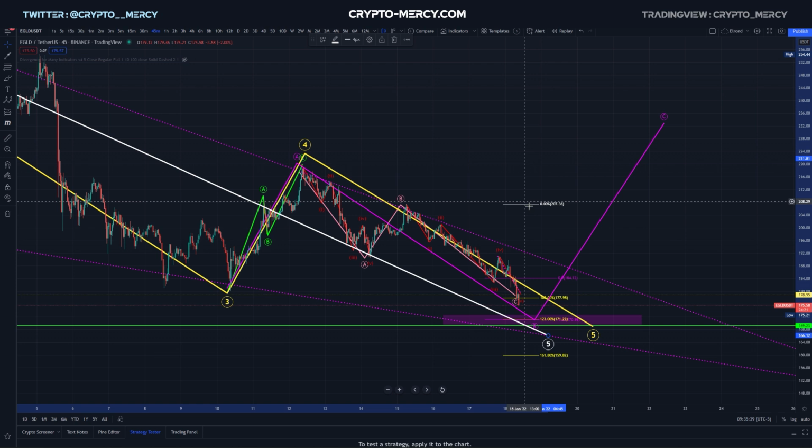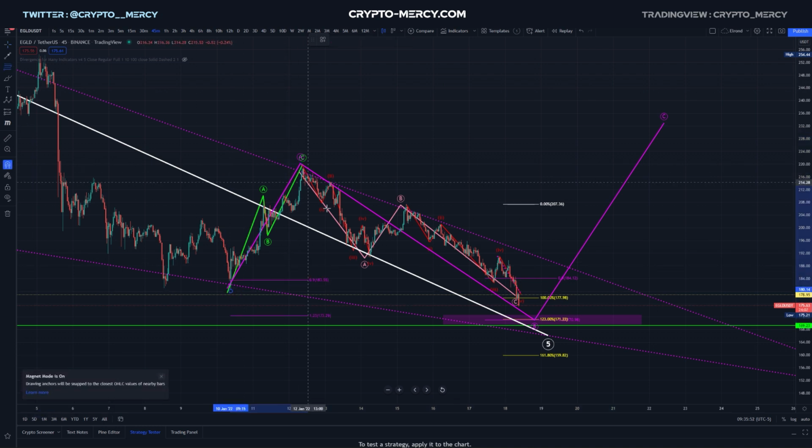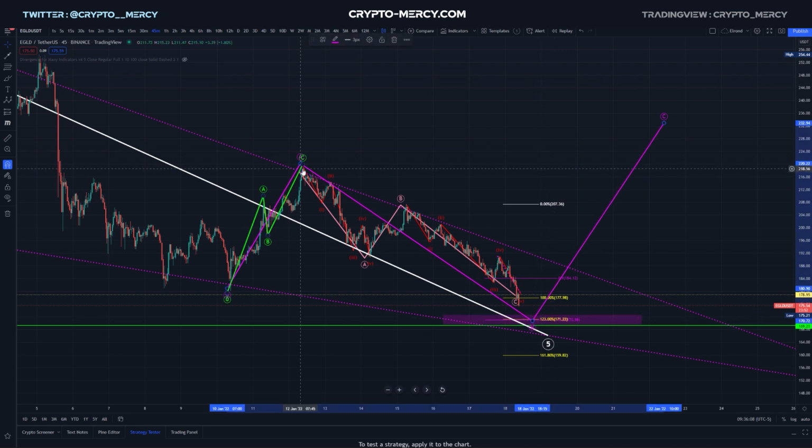But usually I want you to understand that if this is an ABC in flat, there are only two possible targets: the 0.9 and the 1.23, and we are getting 171 and 184.12, which means for me, inside this zigzag pattern ABC, a bounce from here is expected, and this is what I'm waiting for.